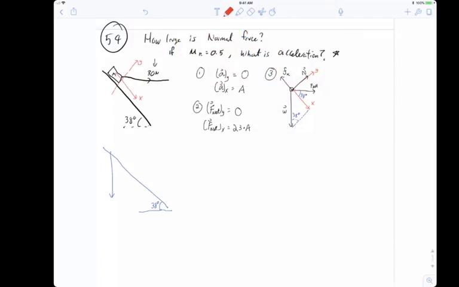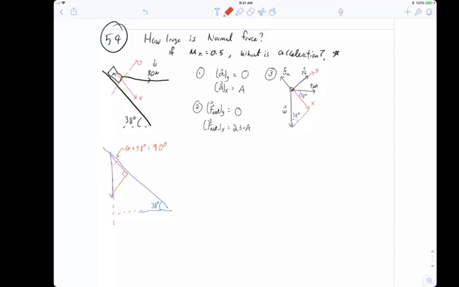I'm trying to make a triangle, a right-angled triangle, where our vector is the hypotenuse. Okay? So you'll note that because this line is vertical and this line is horizontal, it makes a right-angled triangle. So this angle here has to be that angle there plus 38 have to add up to 90 degrees.